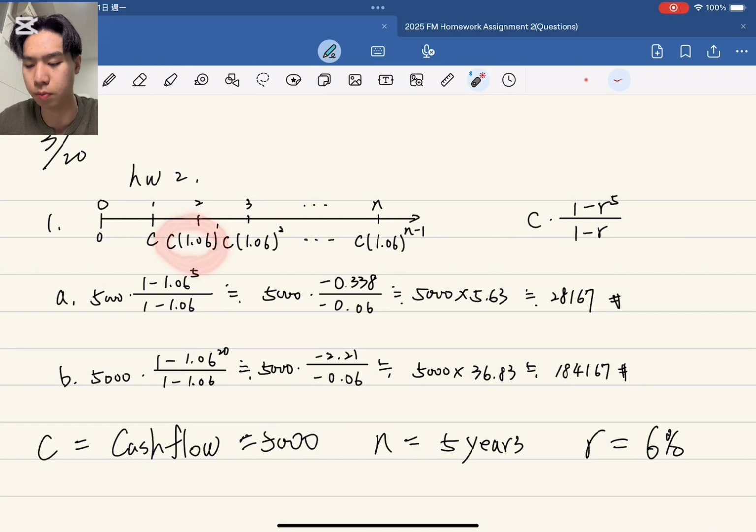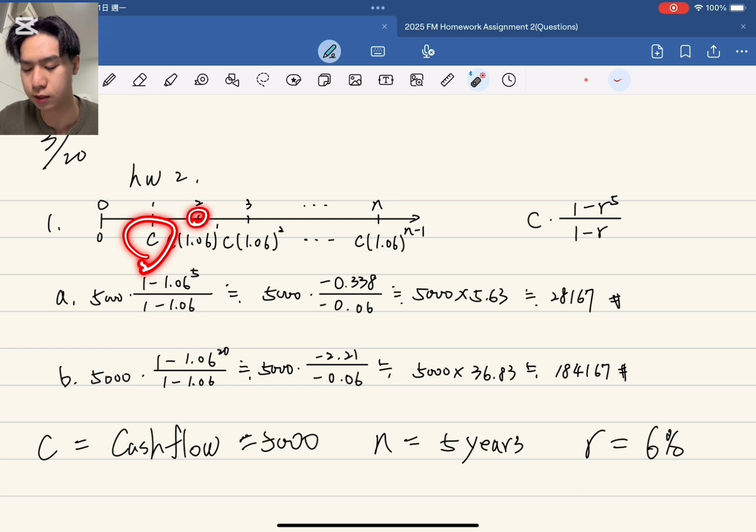Cash flow multiplied by 1.06. And at the next day, our cash flow will be plus the second cash flow. The first cash flow at that time will become this, and at this time I also can get the second cash flow.